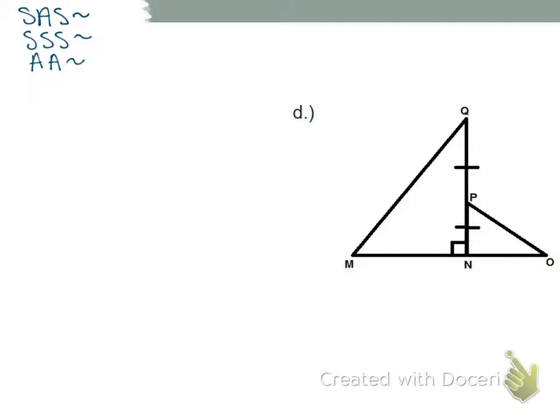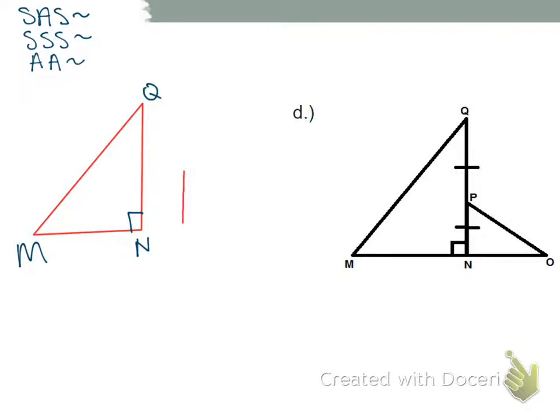So one of them is that big one, MQN. That's close enough. So we had a right angle there at N. Q. And then our other one was this small one, PNO, it looks like. Ooh, too long.